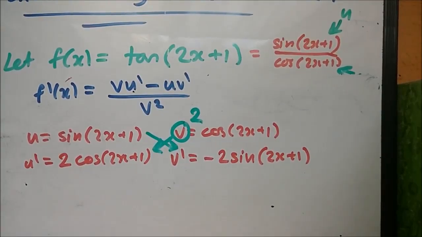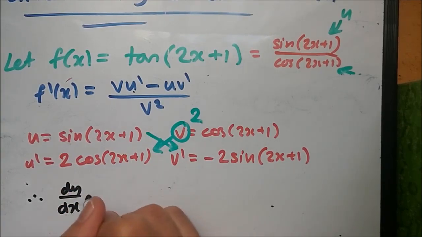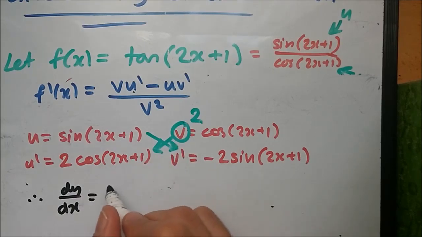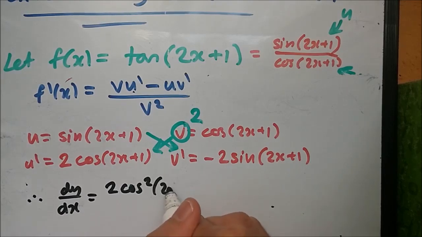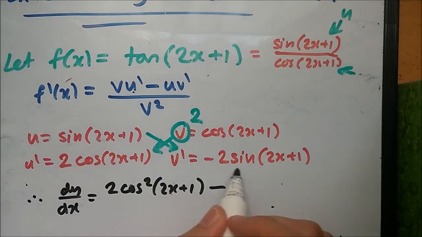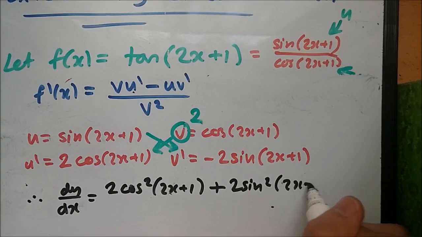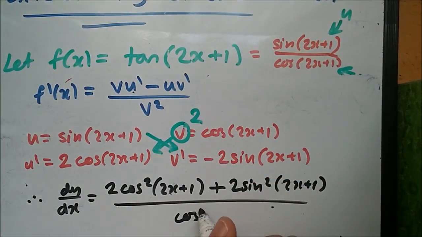And thus the derivative of tan is found. So f prime x would equal v times u prime, which is 2 cos squared of 2x plus 1, minus u times v prime, minus sine times negative 2 sine, so this would be plus 2 sine squared of 2x plus 1, all over v squared, which is cos squared of 2x plus 1.